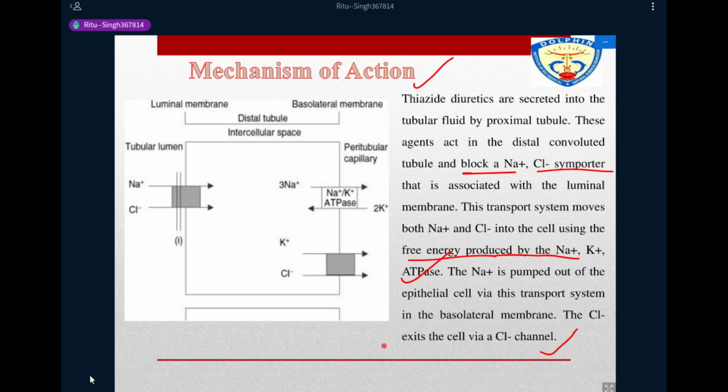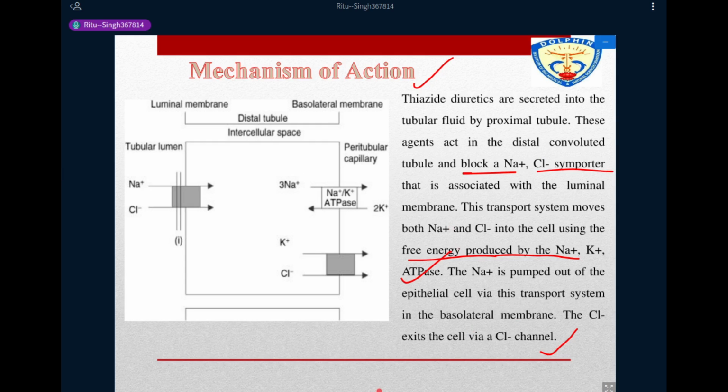So thiazide diuretics act by blocking the sodium-chloride symporter, and they give their diuretic action.